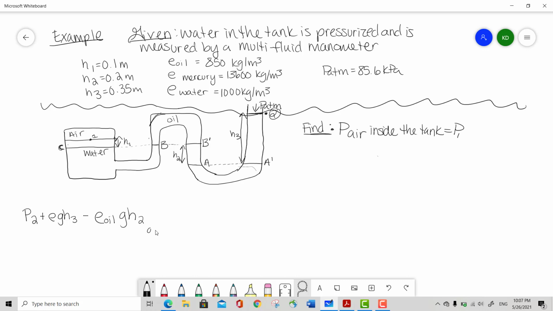You're just combining them. And then we're going to move this to one side because what do we need to find? We need to find the pressure at point 1. So we're just going to move it around.